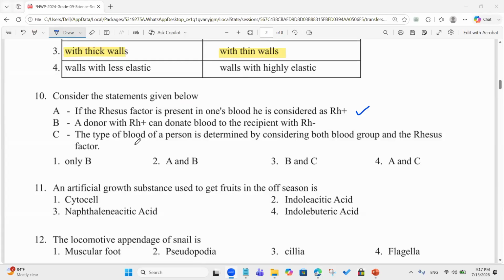Second one, a donor with RH plus can donate blood to a recipient with RH minus. No, this is false. Because RH plus means that person has the rhesus factor in his blood, so the blood cannot be transferred to a person without that factor. Then it's false. The type of blood of a person is determined by considering both the blood group and the rhesus factor. Yes, this is correct. So the answer for this question is A and C.